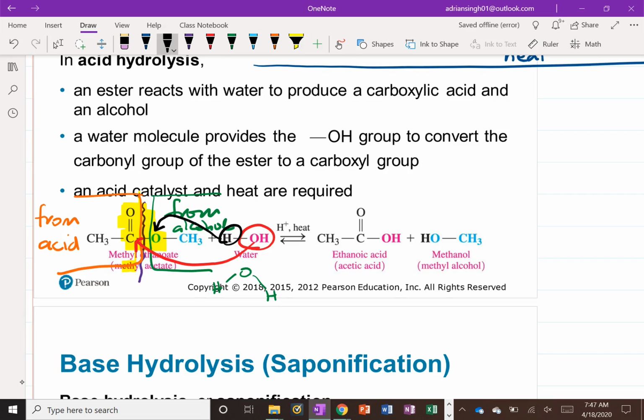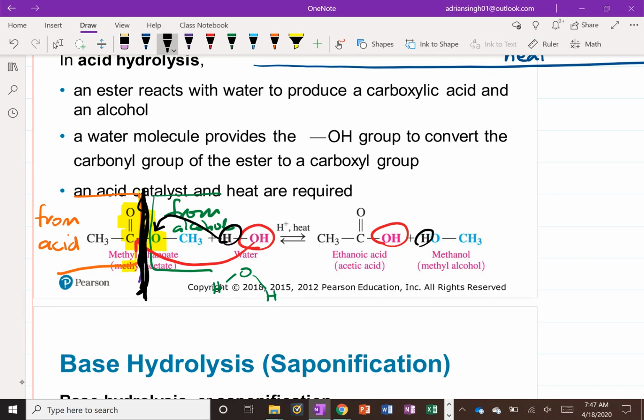So we attach the OH from the water molecule to that carbonyl carbon, and we attach the H from the water molecule to that O. The key thing here is we're going to split the ester right down the middle.